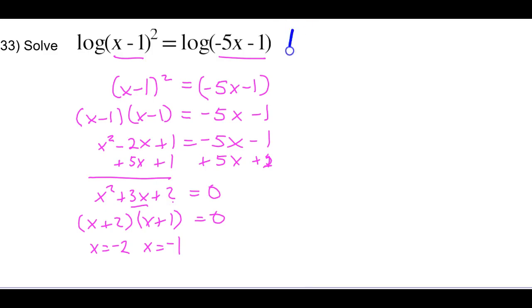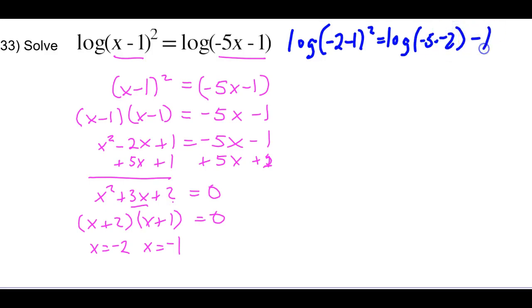So we have the log of (-2 minus 1) squared equals the log of -5 times (-2 minus 1). -2 minus 1 is -3, but when I square it I get 9, so I still get a positive descriptor, so that's okay.